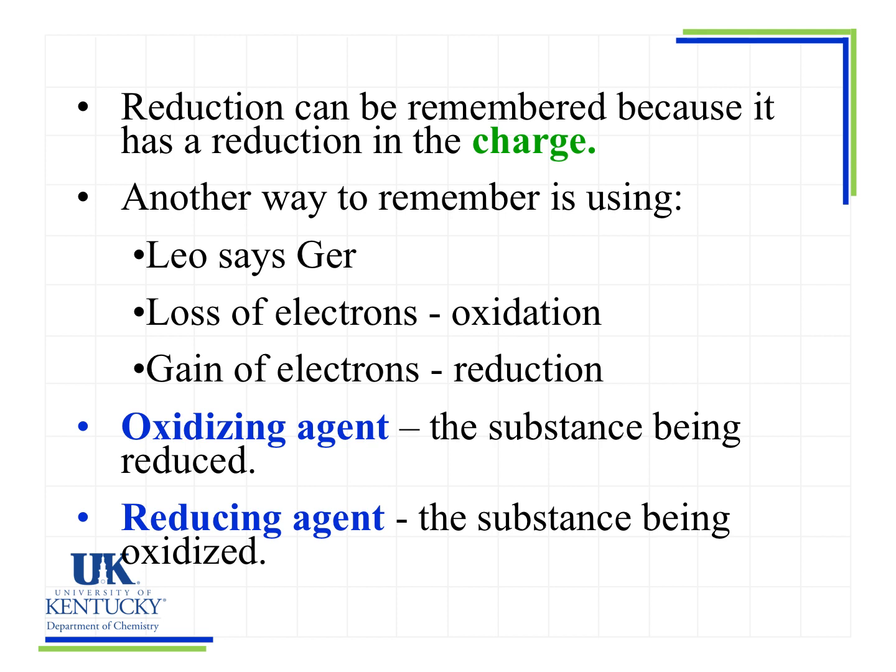So that's a reduction reaction. If it's opposite, the opposite is oxidation. So if you have an increase in the charge, you have oxidation. So increase goes with oxidation.